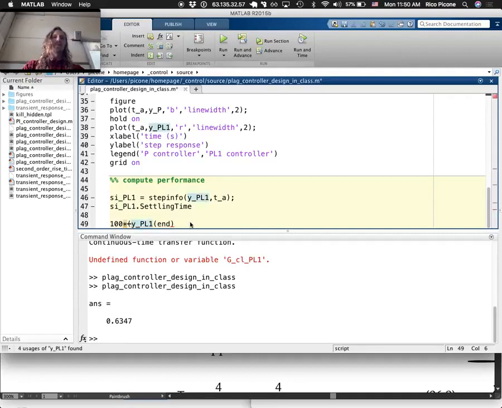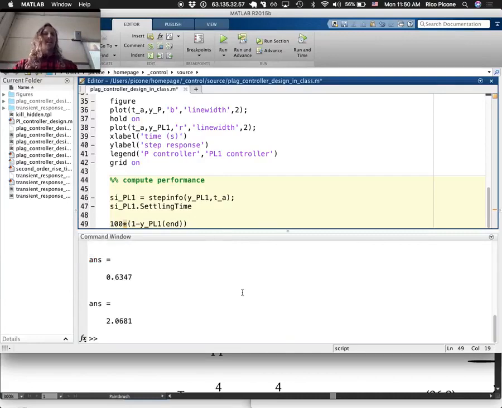We want it to be 1, right? It's a unit step, so 1 minus that is going to give us some fraction of 1, and then we multiply by 100, and that gives us a percentage. So this should be our steady state error. So 2% steady state error, we want it to be 1.8, right? Because we have about 18 to start, so we want to be about 1.8.